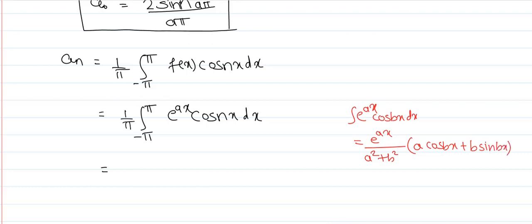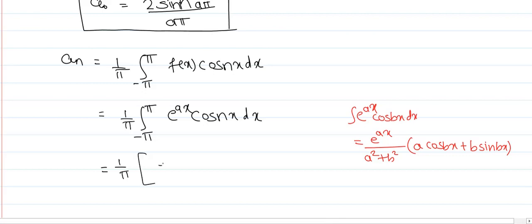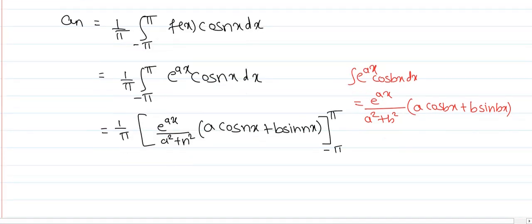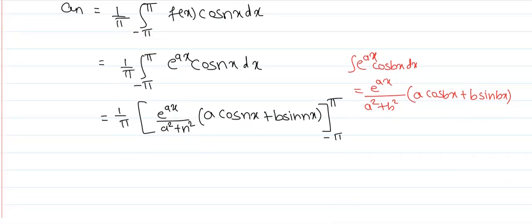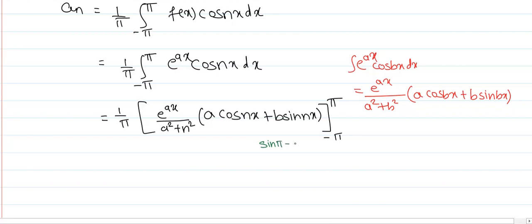Using this formula we get 1 by pi e raised to ax divided by a square plus n square, a cos nx plus n sin nx, limit minus pi to pi. Now substitute upper limit, lower limit. We know that sin pi and sin minus pi, both values are 0. So for upper limit, lower limit, we obtain 0.